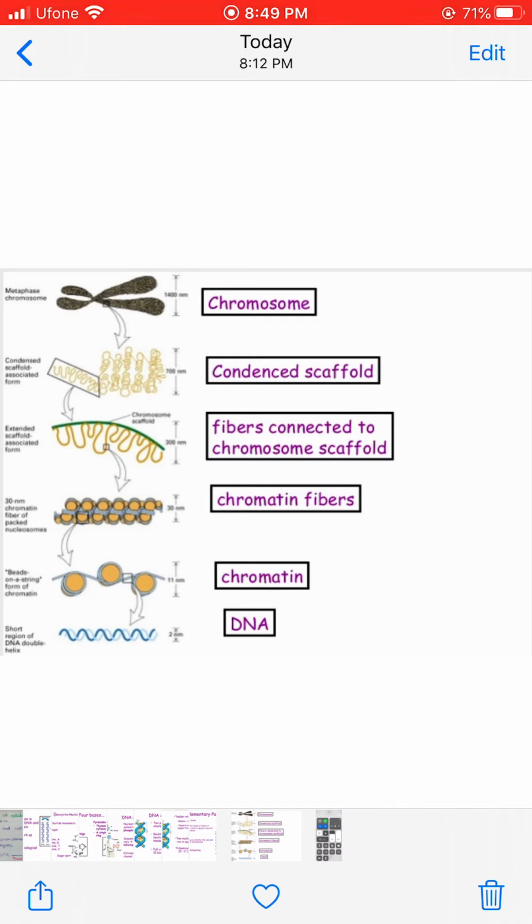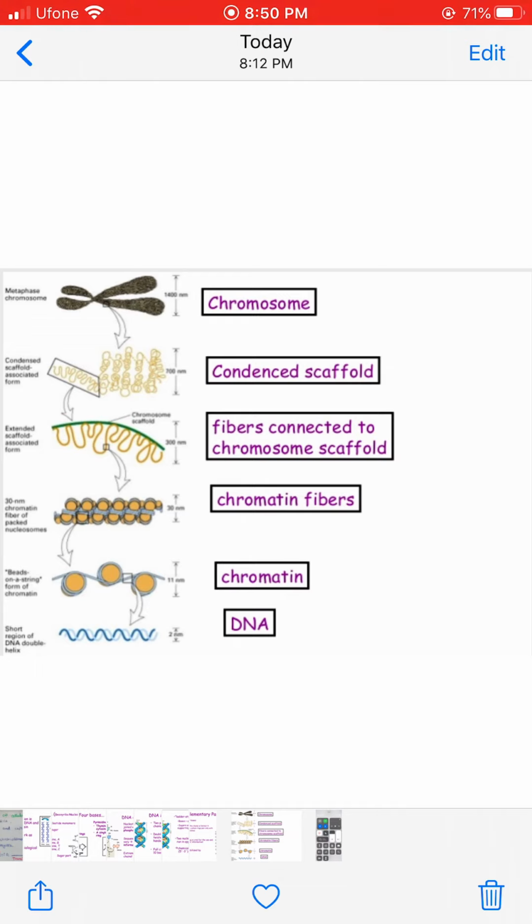And if you move downward, you can see the chromatin fibers, and by detaching these chromatin fibers from the proteins, you can get the strings of the DNA. This is how the DNA is arranged in the form of chromosomes.